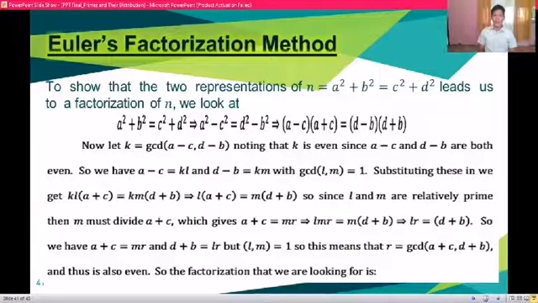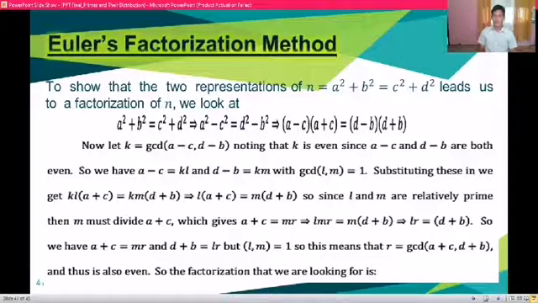So we have a plus c is equal to mr. Magamit na po natin ang mga formula unya, and d plus b is equal to lr. But the GCD of l and m is equal to 1. So this means that r is equal to the GCD of a plus c and d plus b. Okay? And thus r is also even.